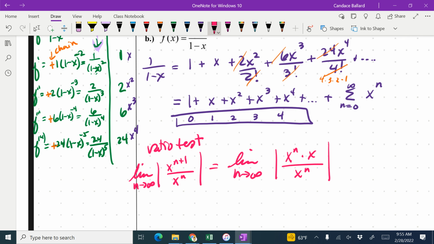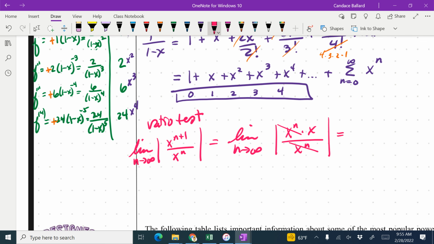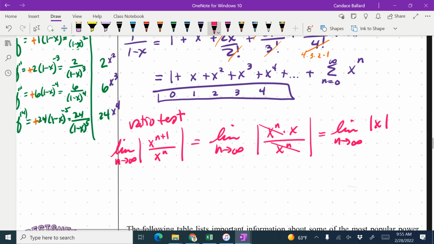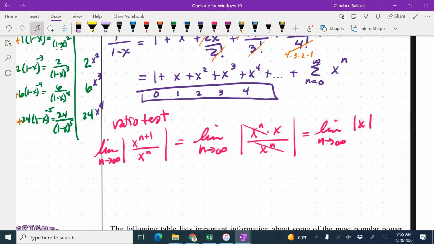What happens with my x to the n's? They cancel, good. And we just have the limit as n approaches infinity of the absolute value of x. So there's nowhere to put in the n, right? We know our limit has to be the absolute value of x. To force it to converge, it has to be less than what? 1.